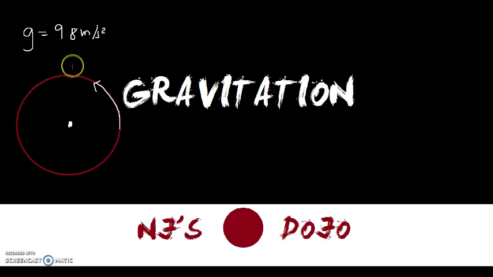So for example, I'm at this point. The velocity, which we call the tangential velocity, is actually pointing outwards of the circle in the form of a tangent. That's its tangential velocity.